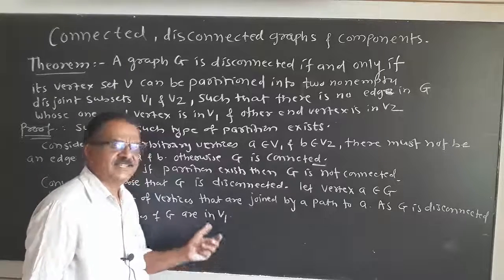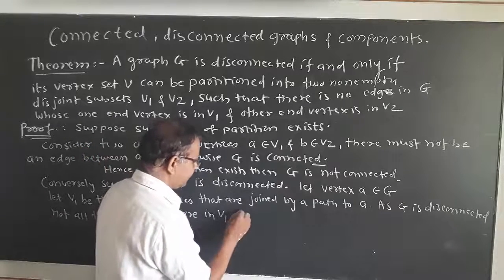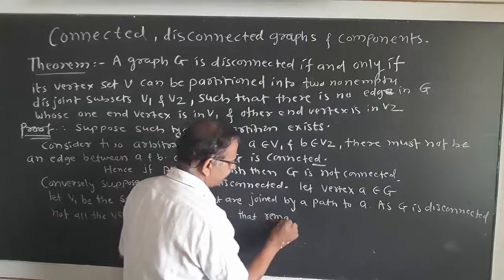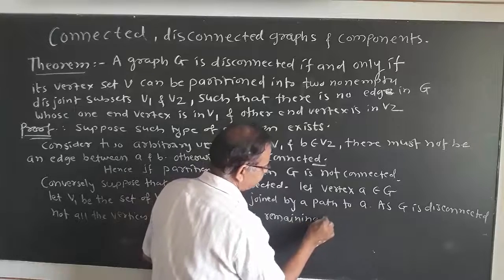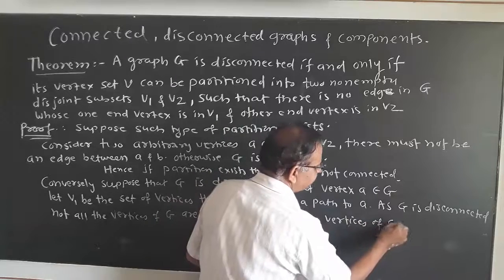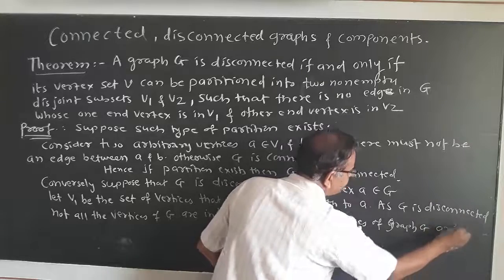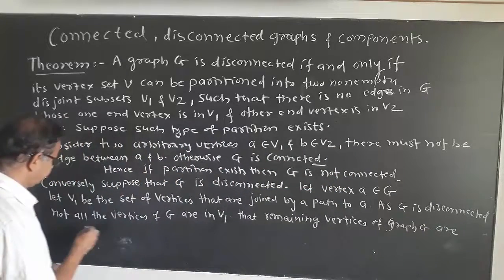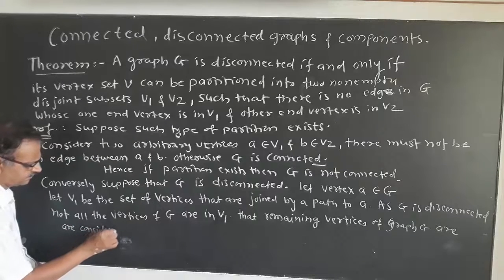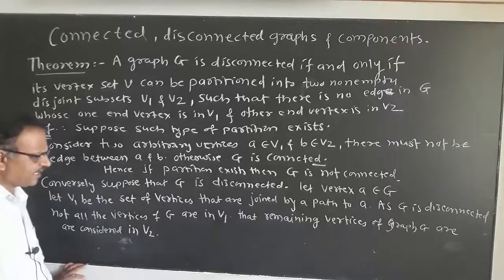and those remaining vertices are considered as the second component. That remaining vertices of graph G are considered in V2. And what happens?